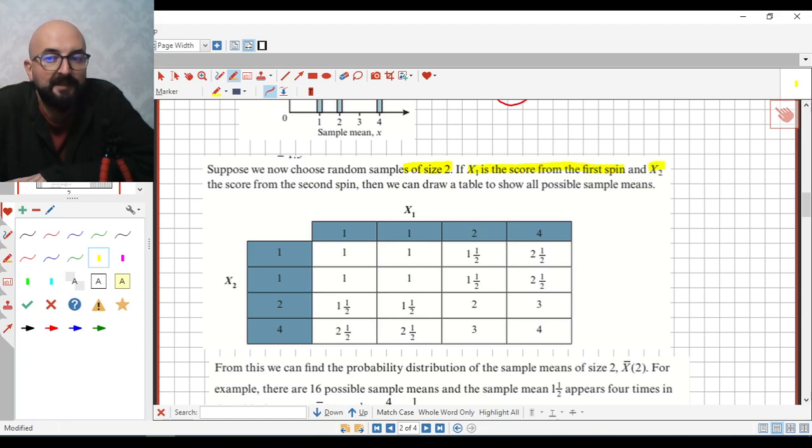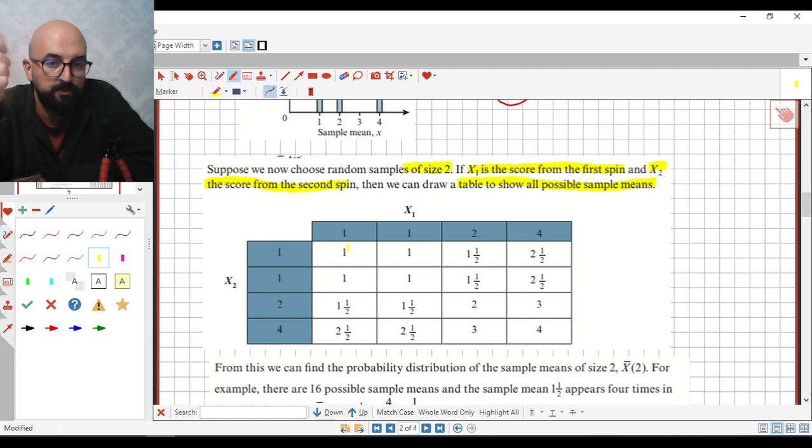Okay, and if your sample size is 2, a sample of size 2, where X1 is the score from the first spin and X2 is the score from the second spin, so you spin the spinner 2 times, we can draw a table and show all possible sample means. The mean of 1 and 1 is 1 plus 1 over 2, which is 1. The mean of 1 and 2 is 1 plus 2 over 2, which is 1.5. The mean of 1 and 4 is 1 plus 4 over 2, which is 2.5, like this.